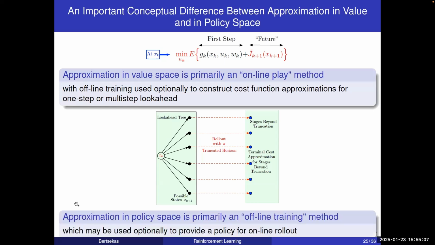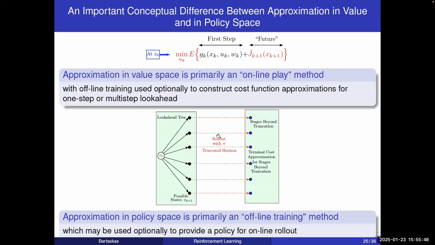Whereas approximation in policy space is primarily an offline training method. So once we finish the training process, during the online real-time operation, the calculation becomes relatively lightweight compared with this one. However, the policy that we obtained through approximation in policy space can still be applied within the framework of approximation in value space, especially when applying rollout type of method, right?